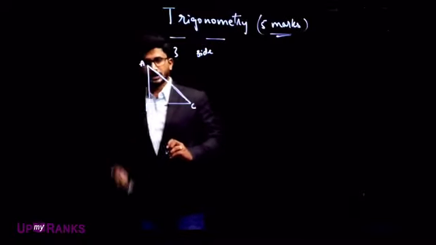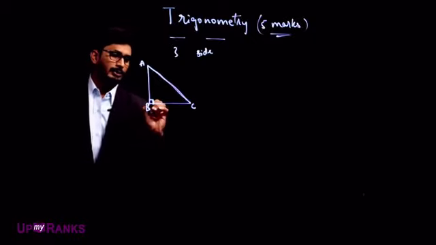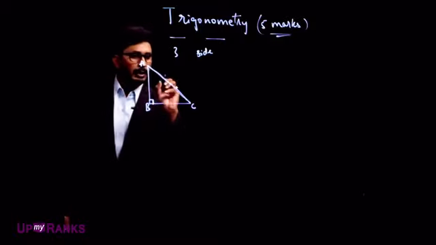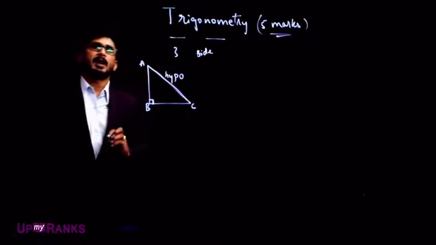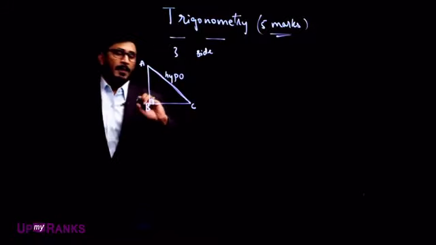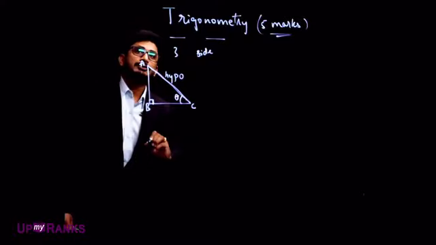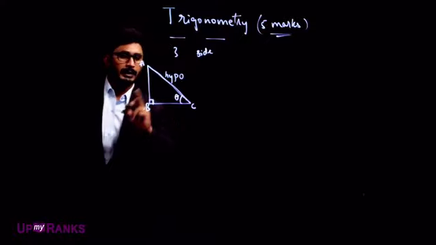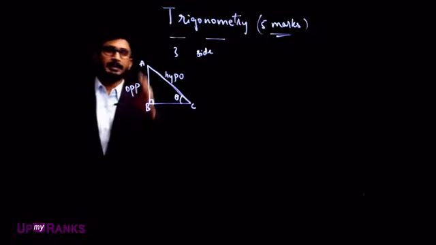In a right-angled triangle, you have an angle B which is 90 degrees. The side opposite to this 90 degree angle is called the hypotenuse. If I call this angle theta, this angle C, then the side opposite to angle theta is called the opposite or perpendicular.